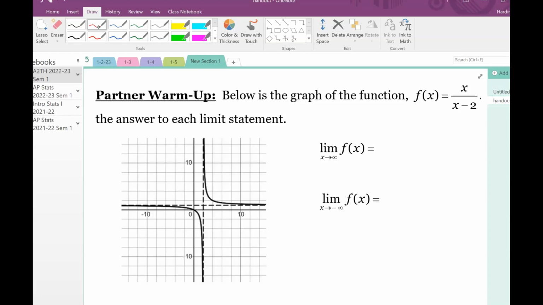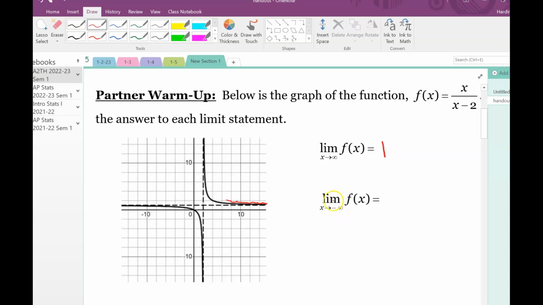It's about the end behavior of the function. And as x gets bigger and bigger and bigger, if you're tracing this, all of the y values for these points are getting closer and closer to that horizontal asymptote, which is at y equals 1. All of those y values are getting closer and closer to 1. So the limit as x goes to infinity of f of x is equal to 1.